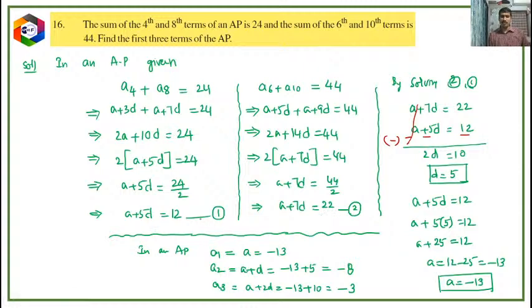Now subtract 1 from 2. Upon subtraction, the D value is equal to 5. Substituting D in this, the A value will be equal to minus 13. So the required arithmetic progression has the first three terms minus 13, minus 8 and minus 3. And if it is asked to find a few more, then it will be plus 2, plus 7, likewise.